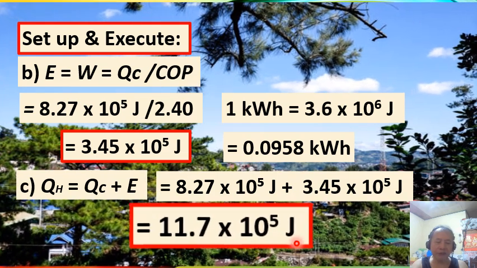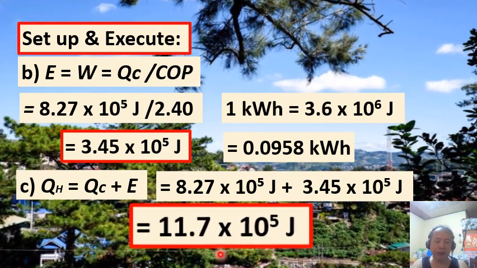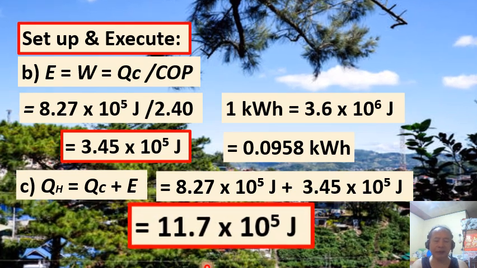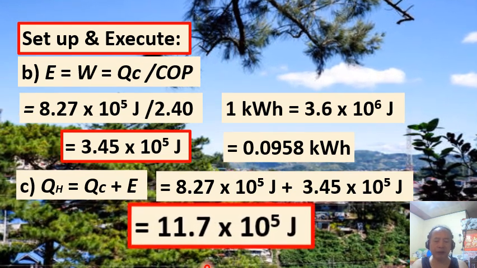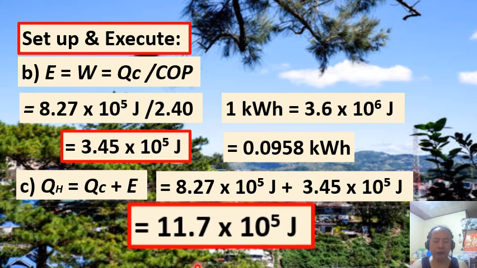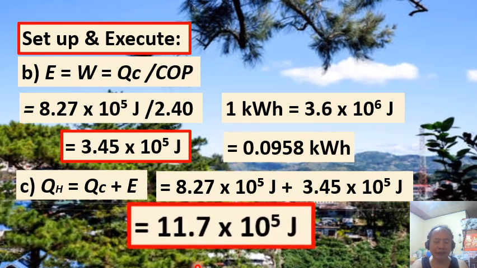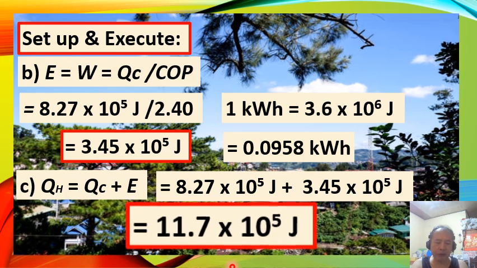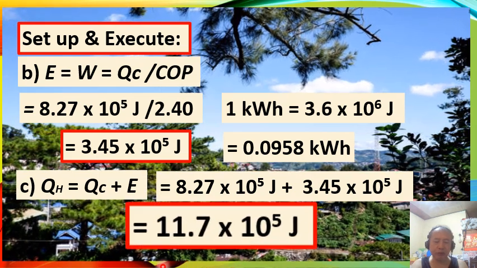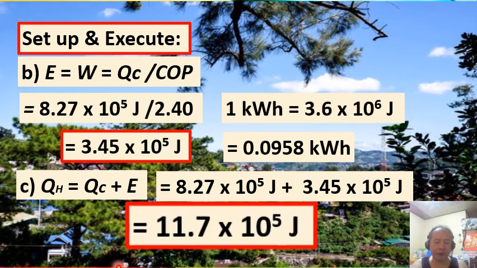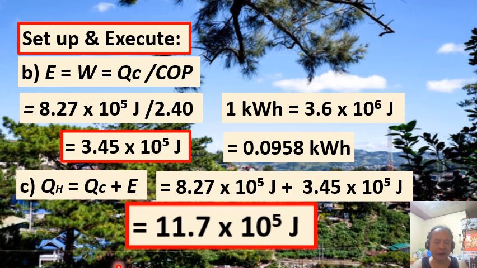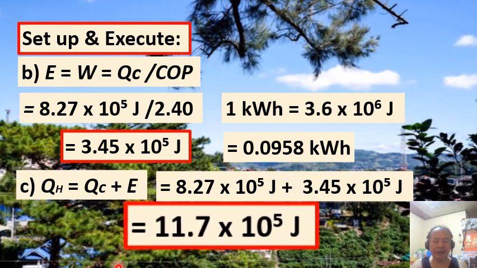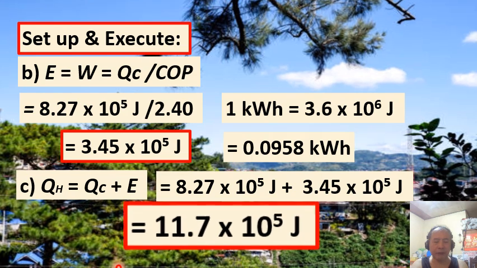So obviously, the amount of heat expelled to the surrounding is indeed much greater than the amount of heat that is extracted from the cold reservoir or the freezer itself. And in addition, we say that the useful work done by the compressor of the freezer is pretty less than the heat that is extracted from the freezer.